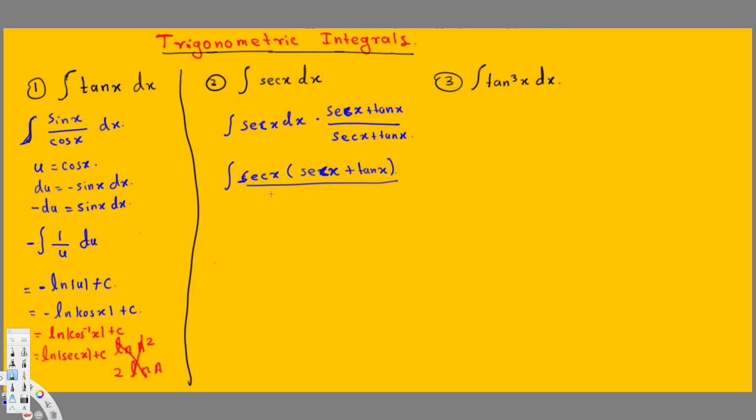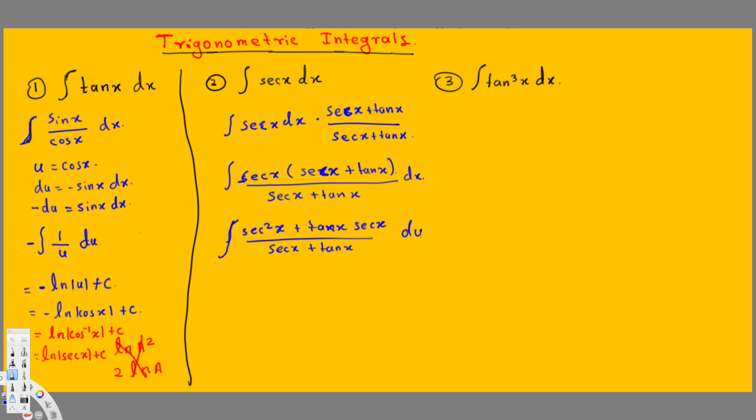In the bottom we are going to have sec x plus tan x dx, right? Then if I multiply this one, this will become sec squared x plus tan x sec x. In the bottom we are going to have the same thing, sec x plus tan x.